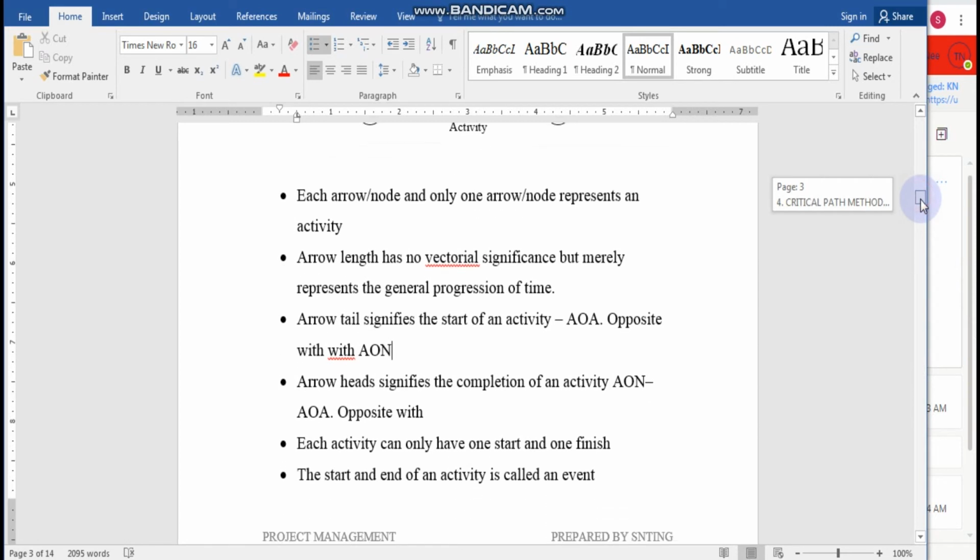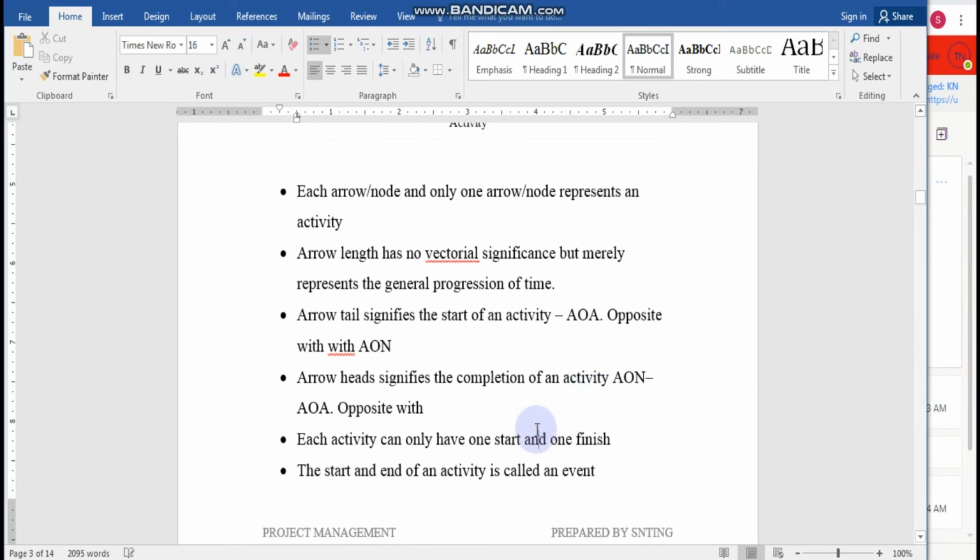Just to be a bit clear about it, I don't want you to be confused. So the arrow signifies the completion of an activity on AOA, and it's completely opposite when it comes to AON. Each activity can have a start and a finish, meaning that whether it's on the activity arrow itself or on a node itself, there will be a start and there will be a finish.